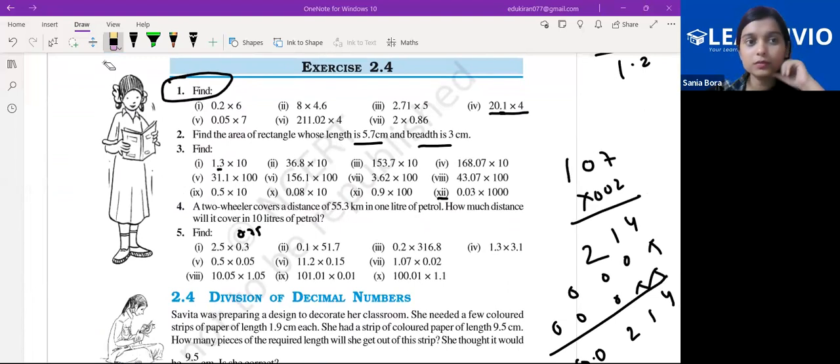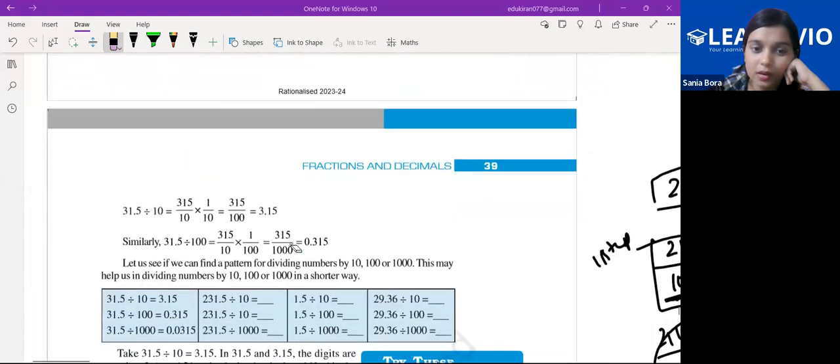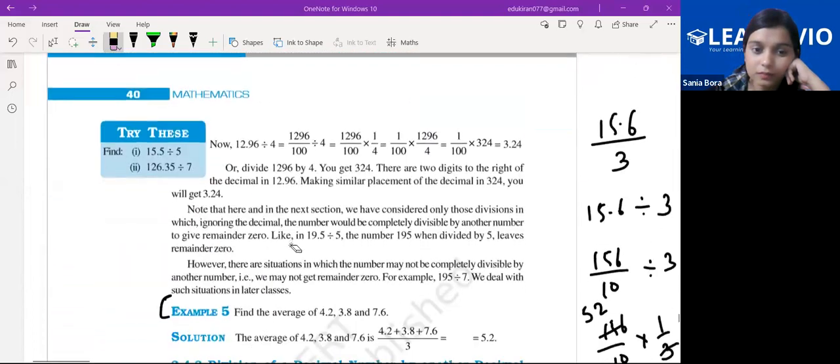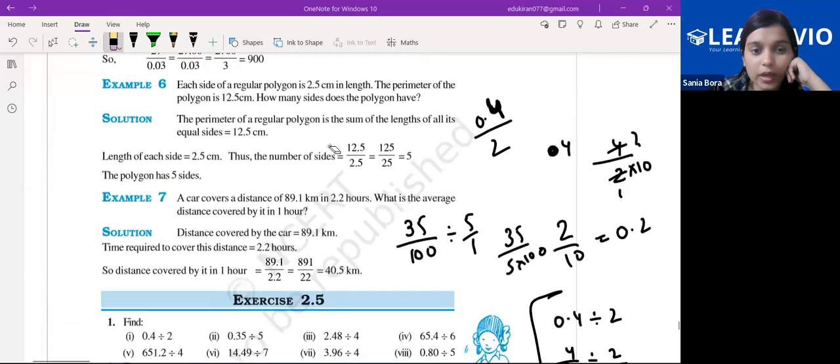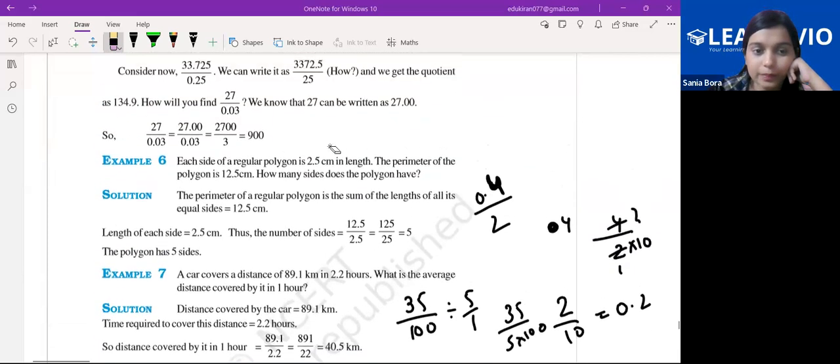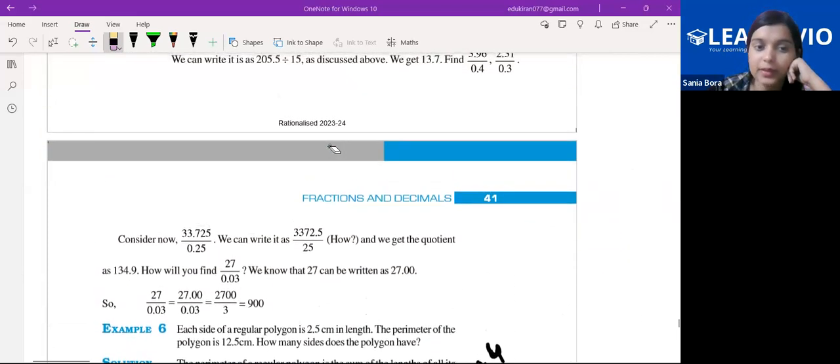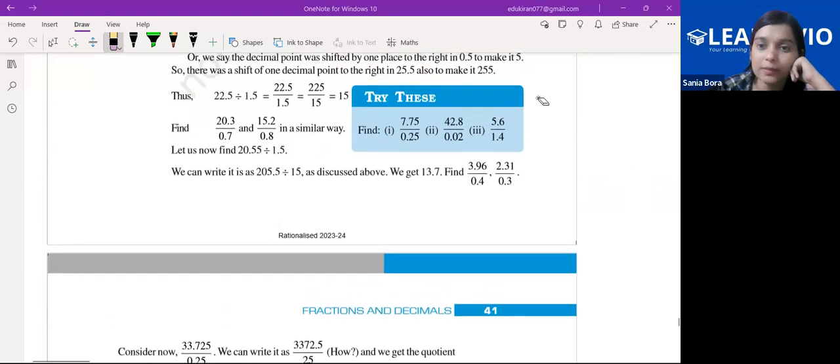We finished this? Yes, ma'am. Okay, the average also, yeah, we finished this. Now I think average concept, everybody remember that. Yes, you know the average concept.